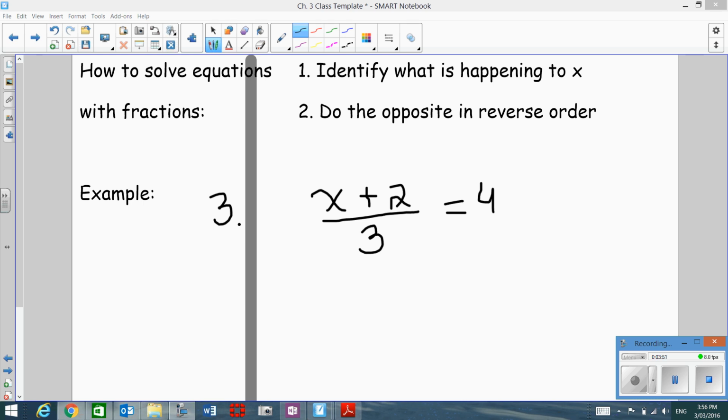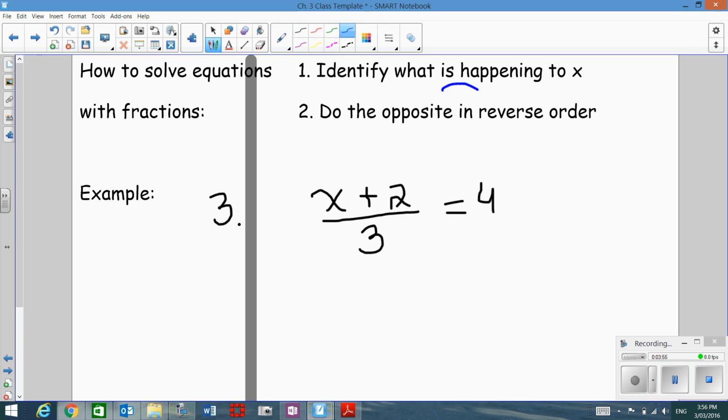Just to recap our steps, we want to always identify what is happening to x and then do the opposite operation in reverse order. So again, notice in this last example, slightly different from the last two, x plus 2 is together in the numerator, and then they're both divided by 3. If I were going to think about what is happening to x here, first x adds 2, and then it divides by 3.